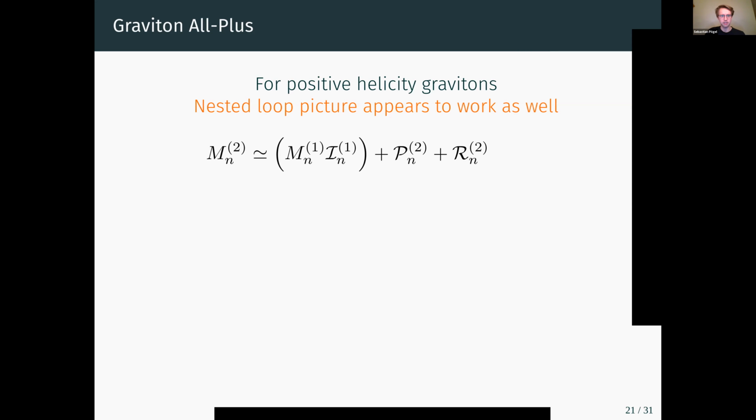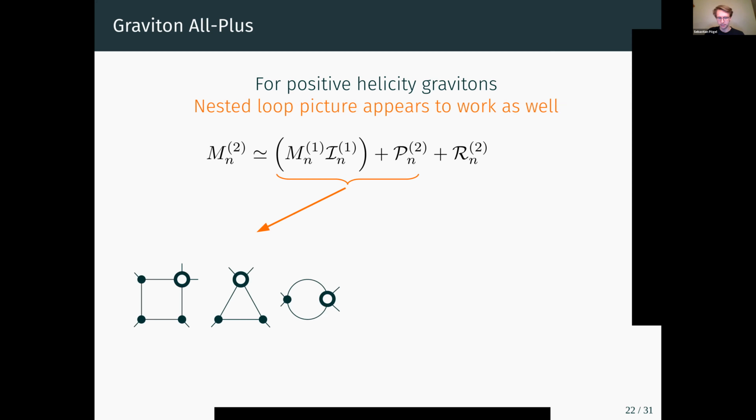What I mean by that is once we look again at this kind of decomposition of the graviton amplitude, for the divergent and polylogarithmic finite pieces, it was shown that again this kind of one loop construction with a one loop vertex is sufficient to compute these pieces. And this was used for the 4 and 5 graviton amplitudes to compute these two pieces here.